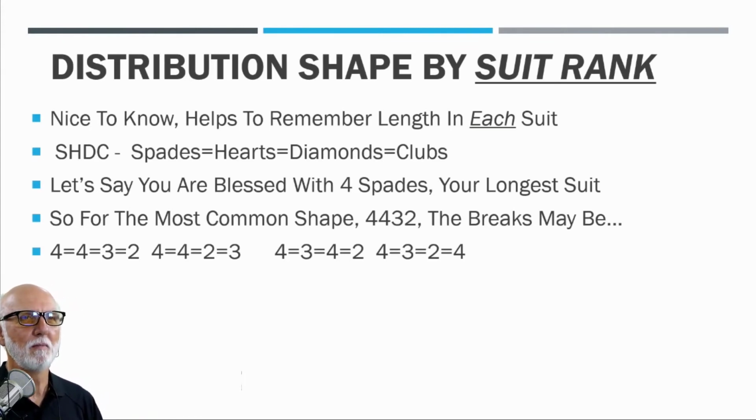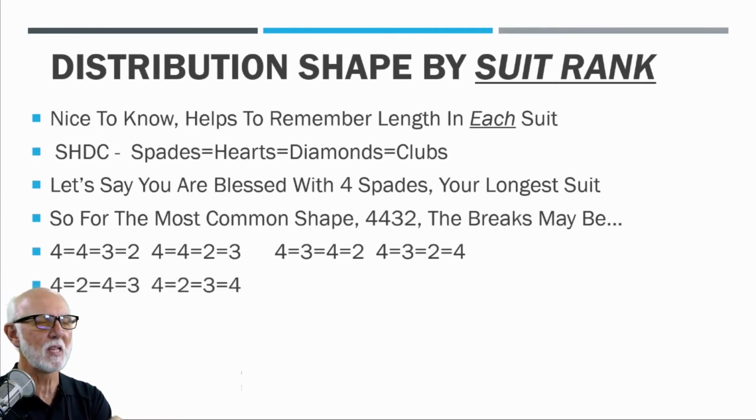Or the third one, how will I remember that it's 4 spades and 4 diamonds? Oh, those are the pointed suits. Oh, it's the 4-4 in the pointies. Or if it was in the hearts and the clubs, 4-4 in the rounded suits. Whatever it is, the way you would remember this. Sometimes you have these little mnemonics in your brain rather than thinking about what the exact number is. And there's the other 2 shapes.